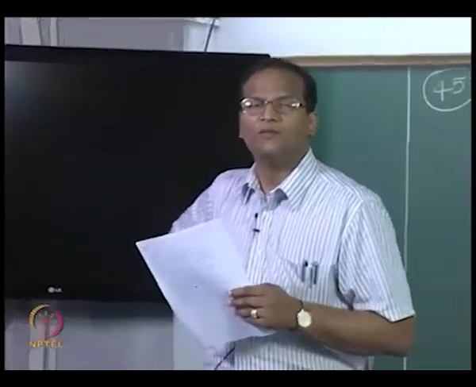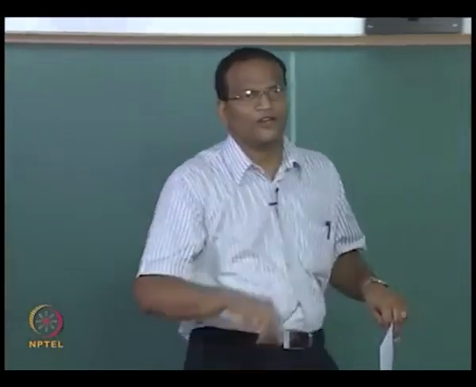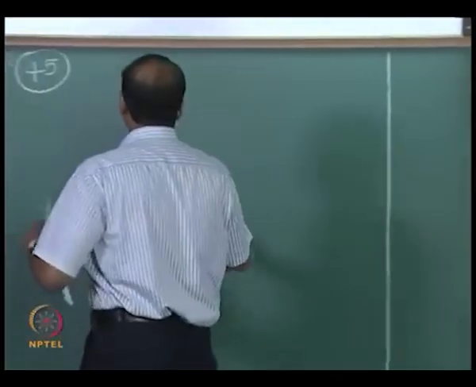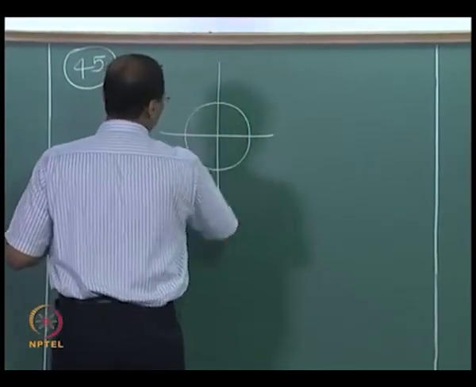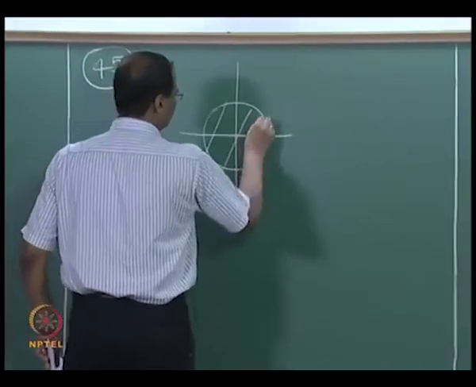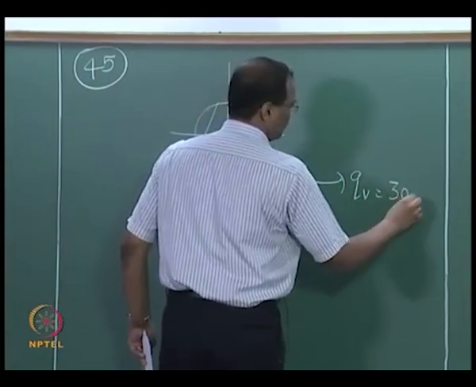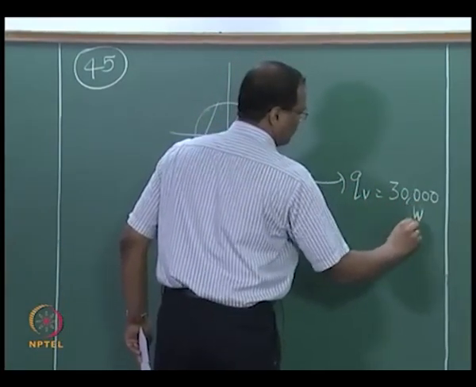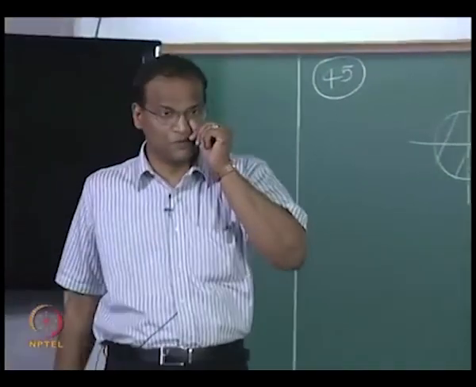People who came late, I will draw the figure. It is steady state conduction in a cylinder. From the figure you can figure out what we are trying to seek. So there is a nuclear fuel rod. It is generating heat uniformly at the rate of 30,000 watts per meter cube.